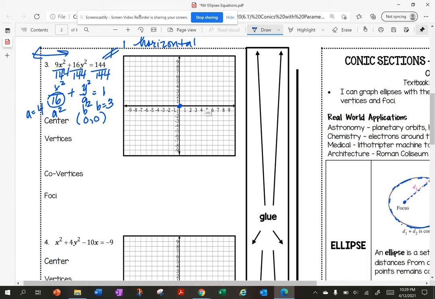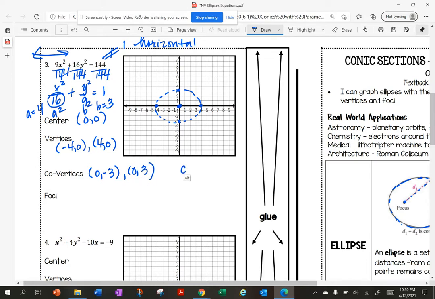So I'm going to add 4 horizontally and 3 vertically. Okay, so my vertices are at -4, 0 and 4, 0. And my co-vertices are at 0, -3 and 0, 3.